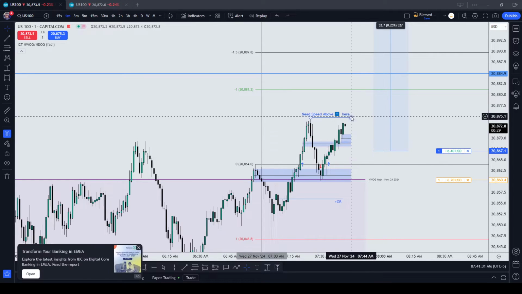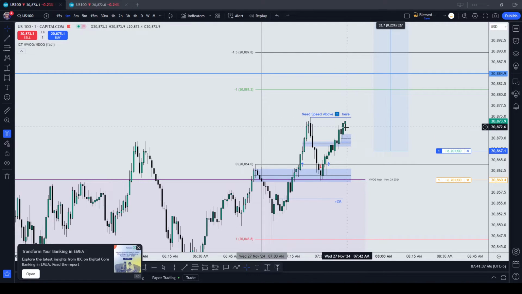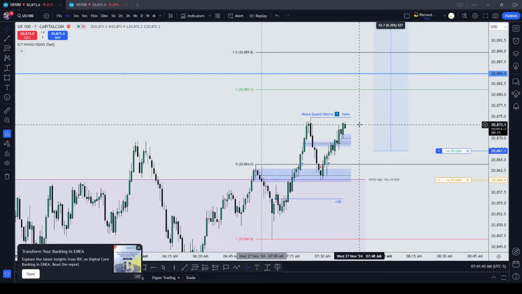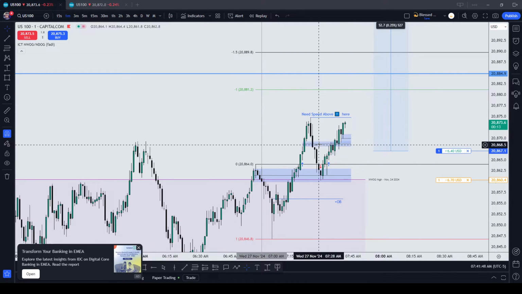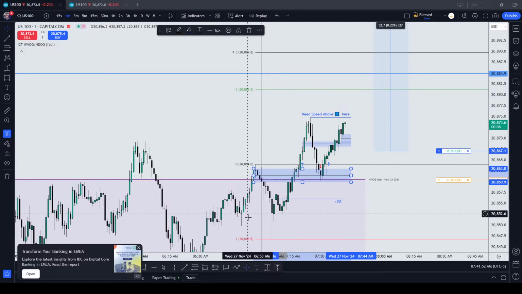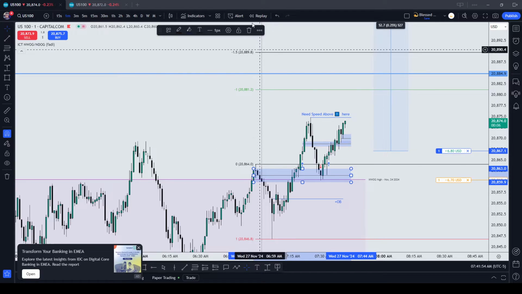And how do we get up above here? Does it do it with speed, or does it just tap it, then flex around and begin to drop? So that's what I'm watching. Let me remove this. This right here was the breaker I was outlining before.